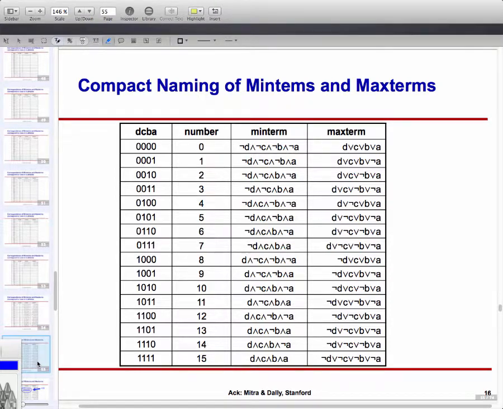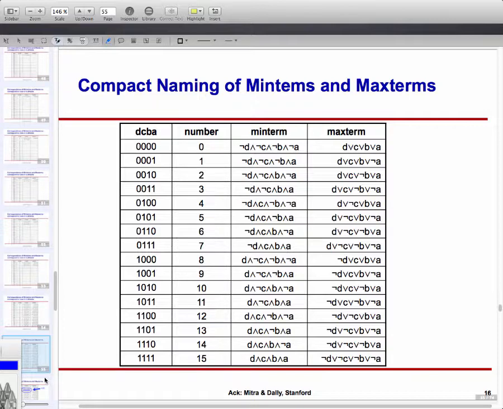Now, instead of listing out these minterms and maxterms like this, there's a compact notation which is often used. And what we do is we call the minterm which corresponds to row number 0 to be minterm number 0. The minterm which corresponds to row number 1 to be minterm 1, and so on and so forth.